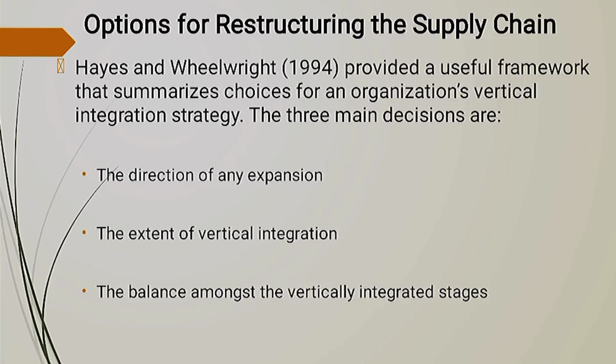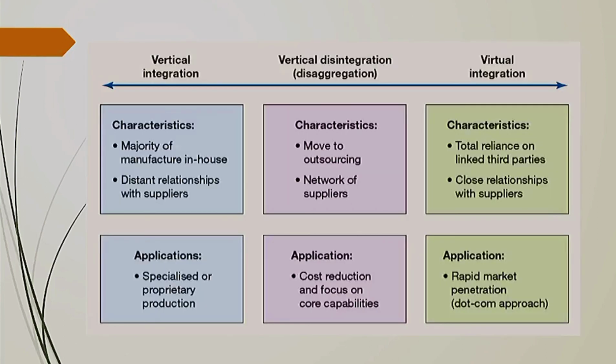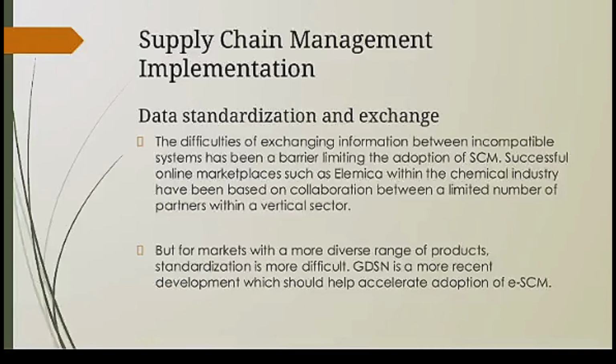To what extent does each stage of the supply chain focus on supporting the immediate supply chain? For example, if a supplier to a manufacturer also produces components for other industries, this would be an unbalanced situation. Here is the table of the characteristics of vertical integration, vertical disintegration, and virtual integration.